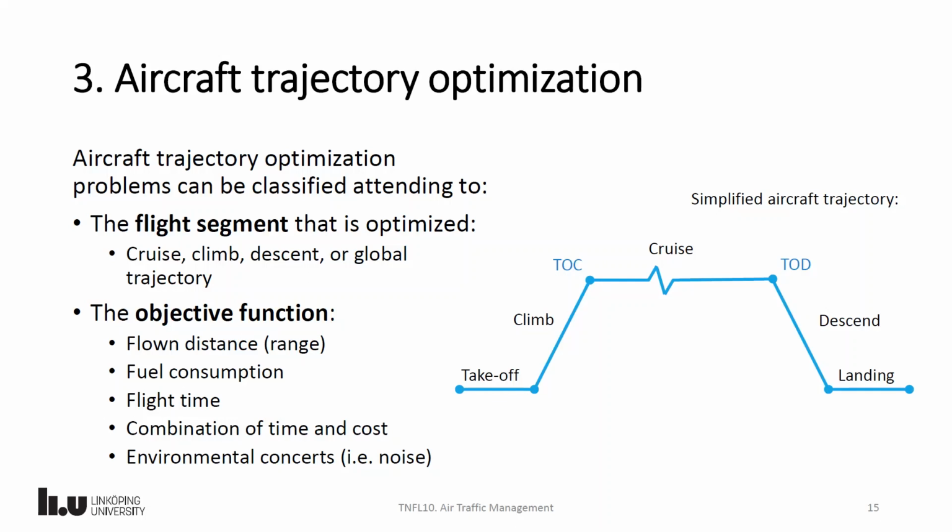Okay, that is why I have this little thing over here to indicate that the cruise is much longer than this. And another way to classify trajectory optimization problems is to look at the objective function of the problem. So for example, we can optimize the flown distance, which is also called the range of the mission. We can optimize fuel consumption, flight time, a combination of time and cost.